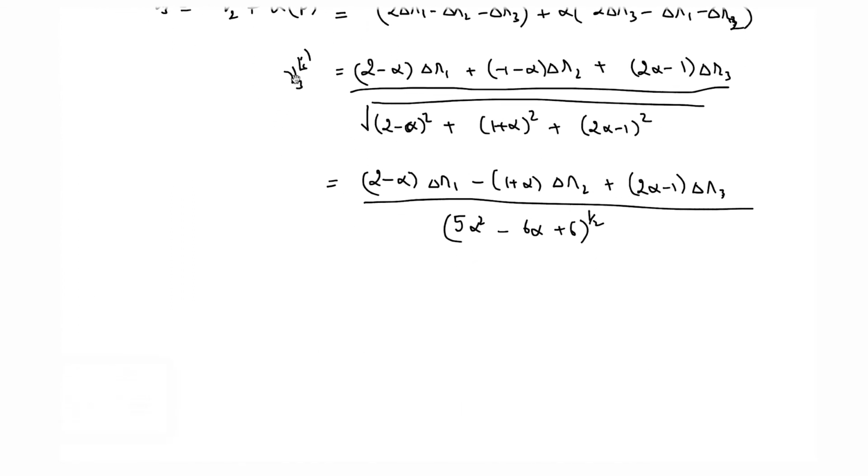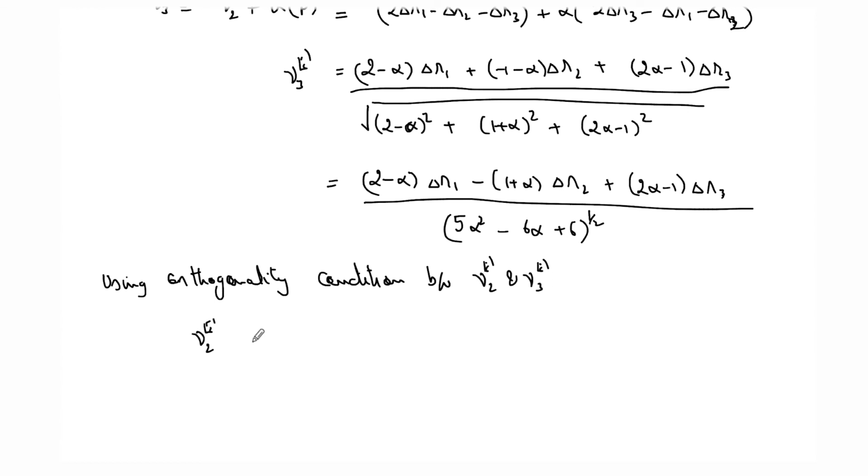Now I know, using the orthogonality condition between nu2 and nu3, both of E prime symmetry, that nu2 E prime dot nu3 E prime should be equal to 0.